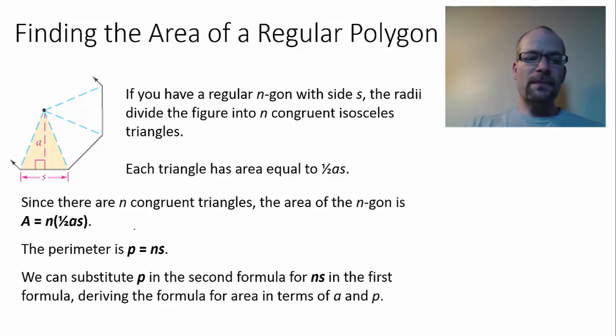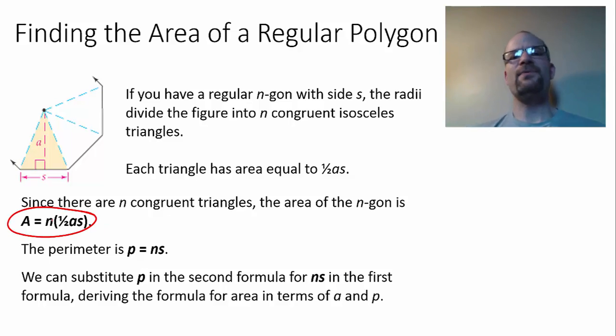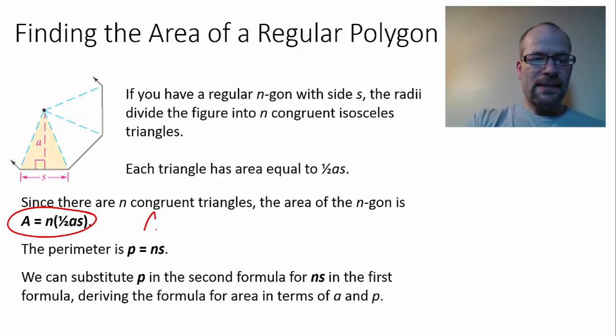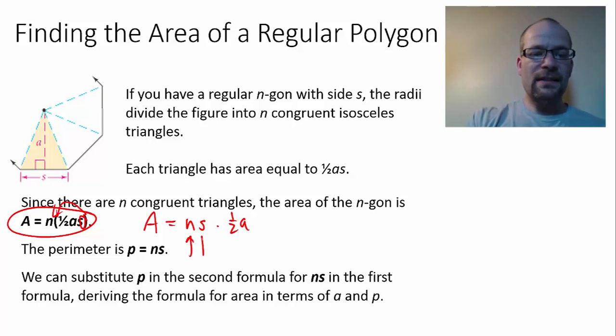Finally, we can substitute p in the second formula for ns in the first formula. Let's just take a look at that. We have area equals n times 1/2 a s. That means area is equal to n s, and I'm just going to bring this s out of the parentheses by the commutative property of multiplication. n s times 1/2 a, where this is the number of sides, the length of each side, and this is the apothem.